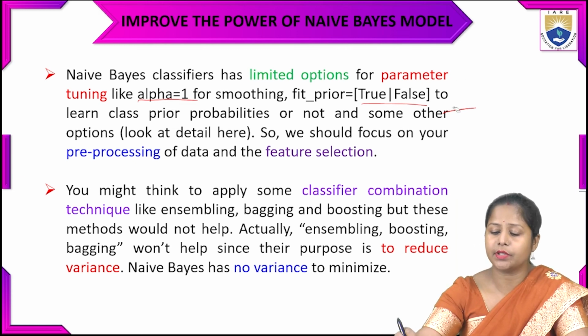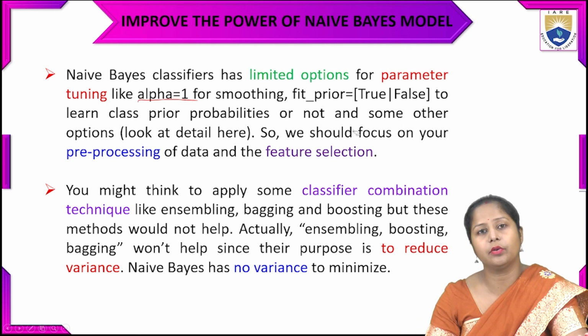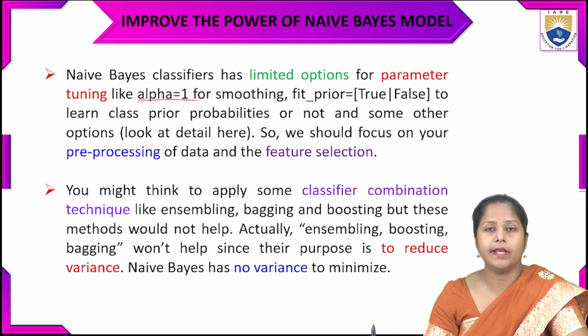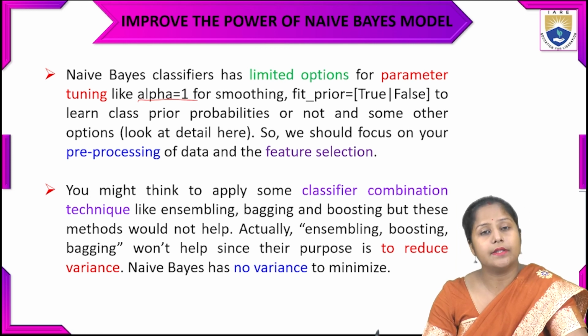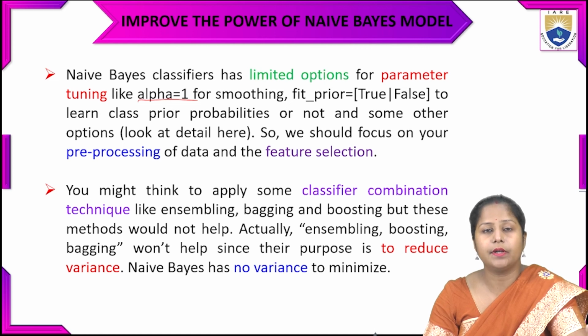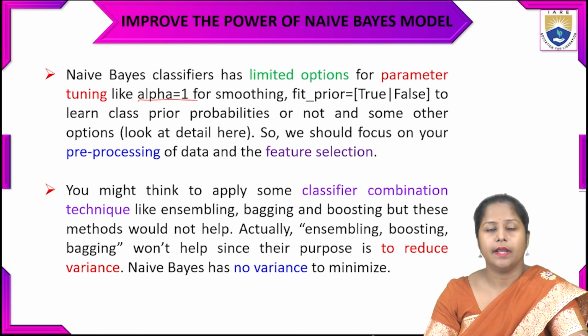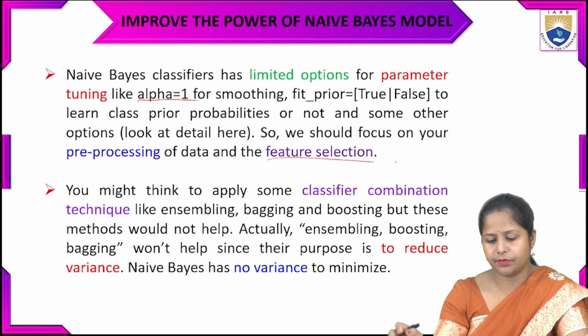So we have to focus on the pre-processing. We will not go deep into that. What we have to do is pre-process the data, because it is not yet suitable for our use. We have to reform the data, then it can be used for classification, and then we select some of the features from that.